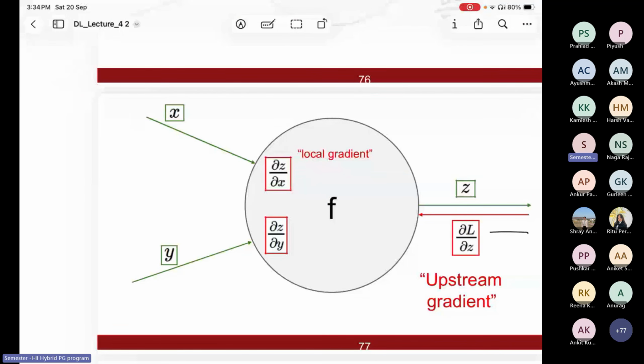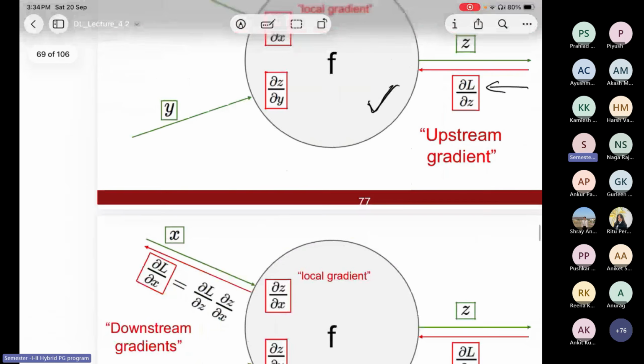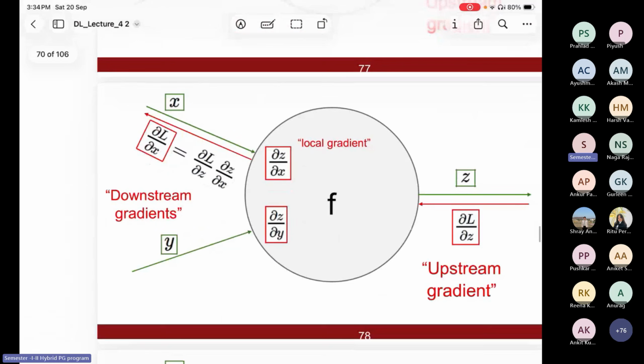So you're getting the upstream gradient from the right hand side. That is your del L by del Z. It's coming from the right hand side, and you have the local gradient here, which is del Z by del X and del Z by del Y. Now you can calculate the gradient of L with respect to X. So what is del L by del X?